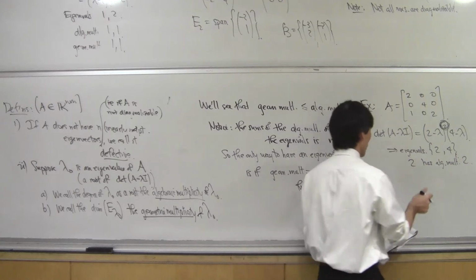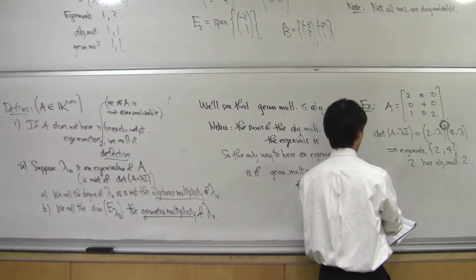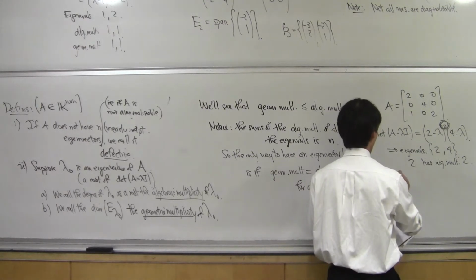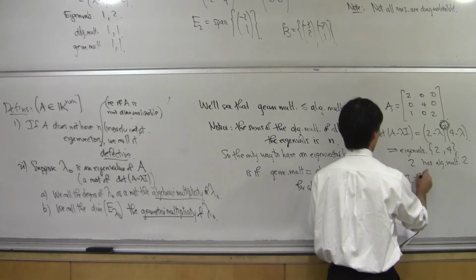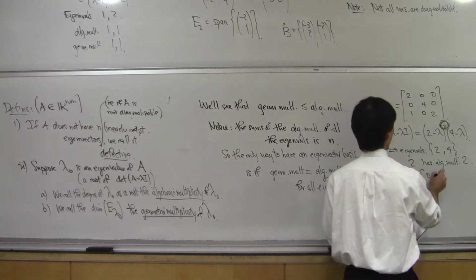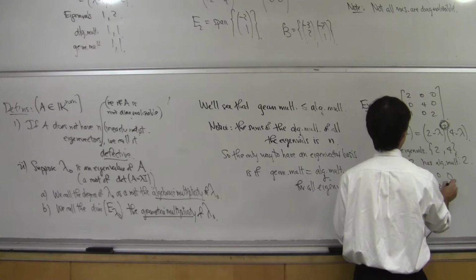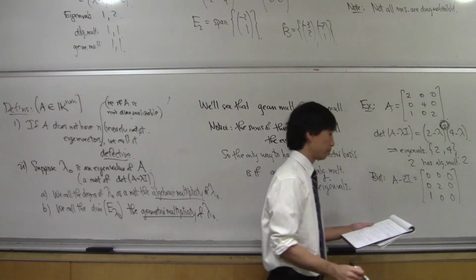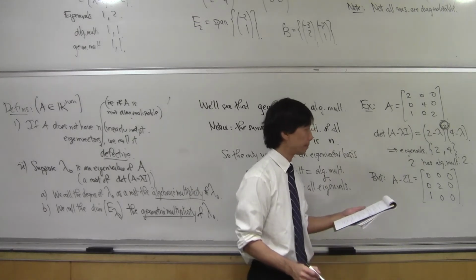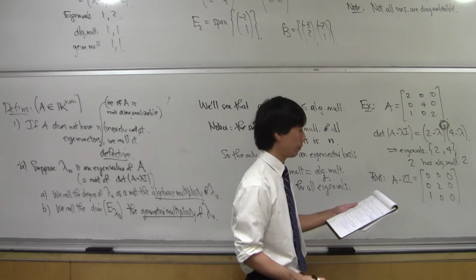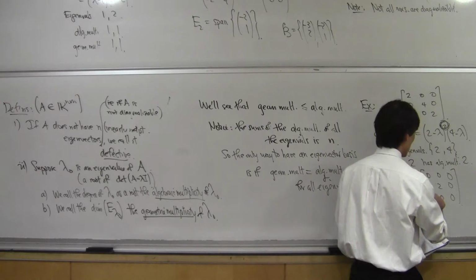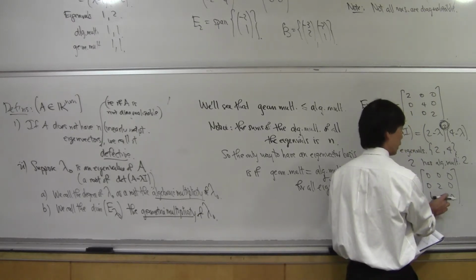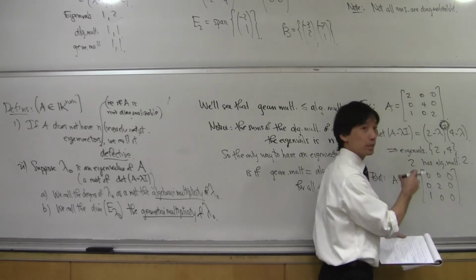But if we look at A minus 2I, that becomes 0, 0, 0, 0, 2, 0, 1, 0, 0. So you see that x1 is 0, x2 is 0, and x3 is anything.